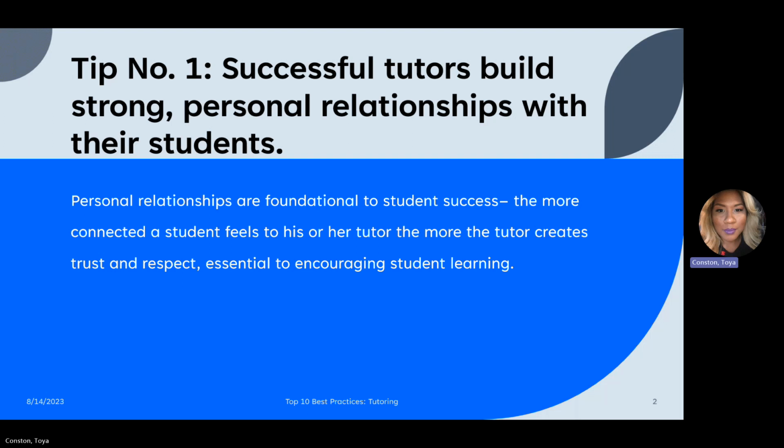Further, research shows that once a student feels that his or her tutor is a trusted collaborator or trusted adult, this fosters a positive learning environment that will also lead to positive academic outcomes.